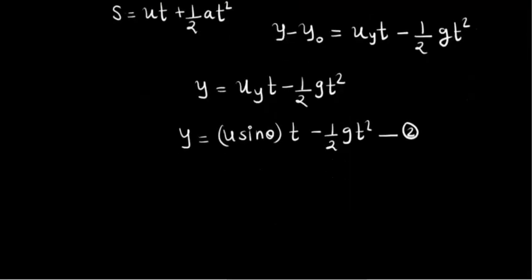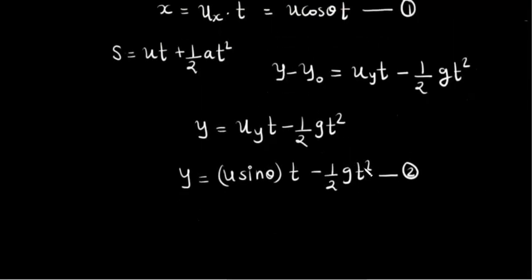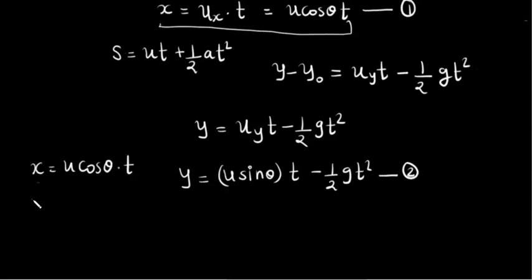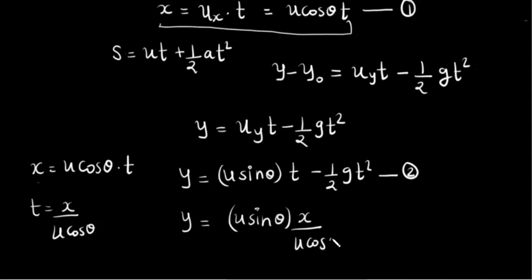Now I am going to get rid of this t. How can I get rid of t? I can just substitute t from the first equation. x is u cos theta t, so t will be x by u cos theta. So y is equal to u sine theta into x by u cos theta, minus half g into t square, which is x by u cos theta whole square.